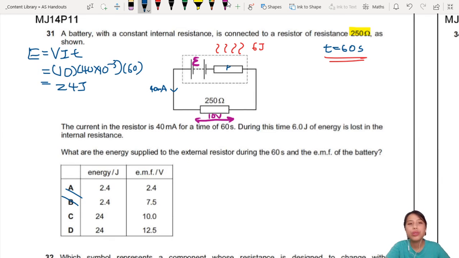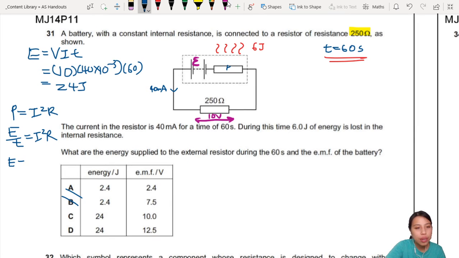Also, there is another way to do this. Some may prefer that over the other. If you want to use the power equation, that's pretty much the same thing. You say, oh, P equals to I squared R, because I know R. Can use this? Can. It's basically the same thing. The E equals VIt and the power equation are related by time only. Because P is basically energy over time, equals I squared R, which is the same thing as your VI there.